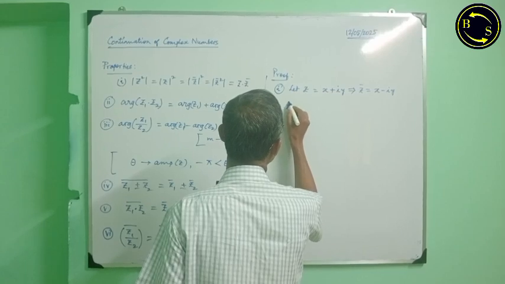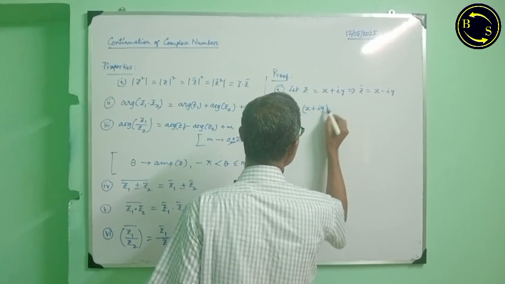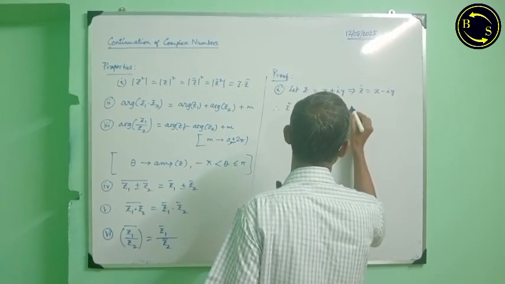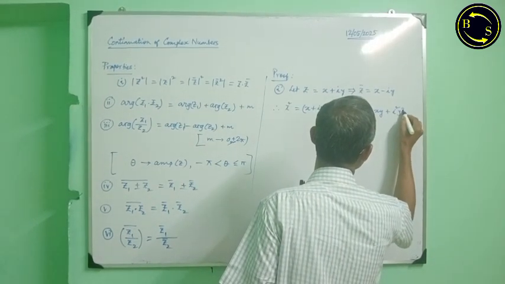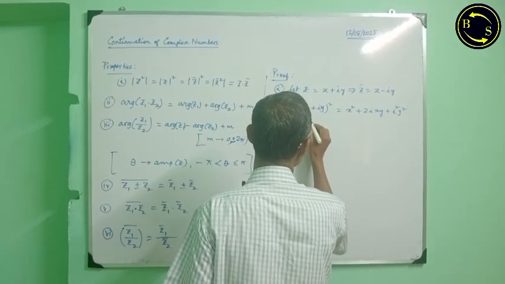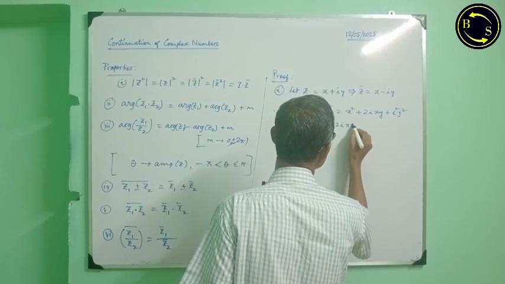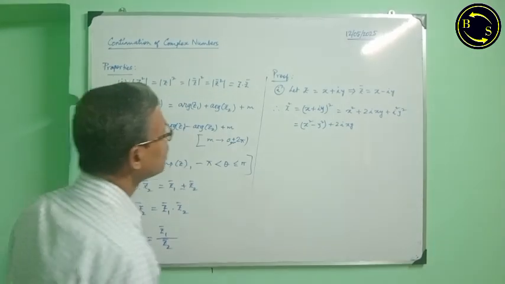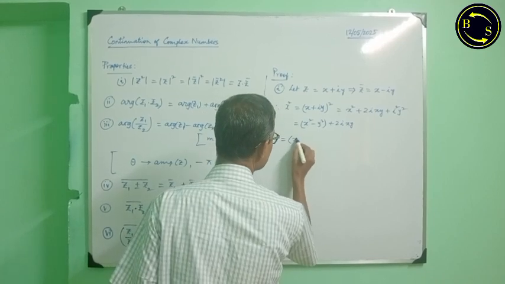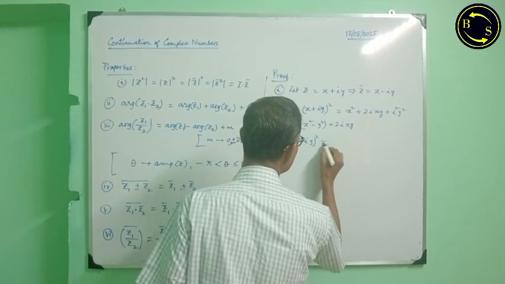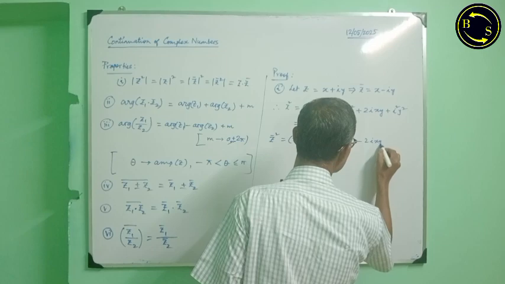Therefore, z square is x plus iy whole square, x square plus 2ixy plus i square y square, that is equal to x square minus y square plus 2ixy, and z bar square will be equal to x minus iy whole square, x square minus y square minus 2ixy.